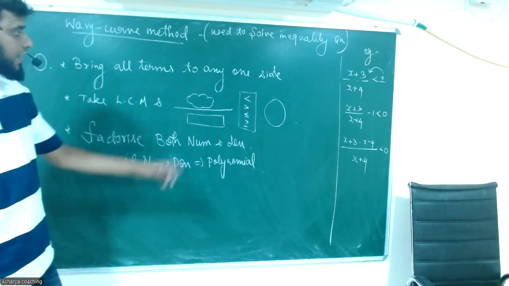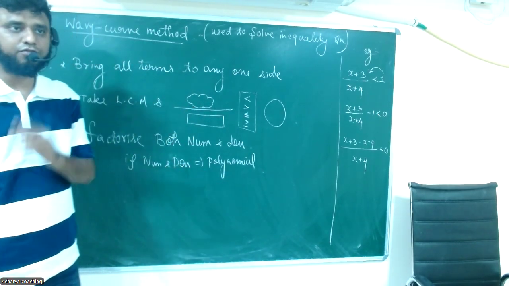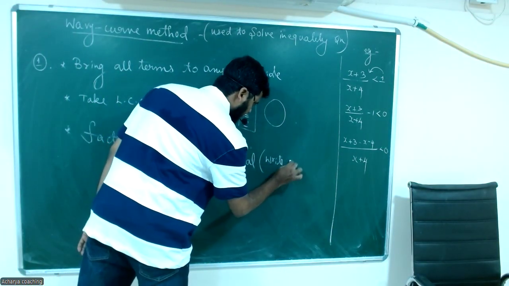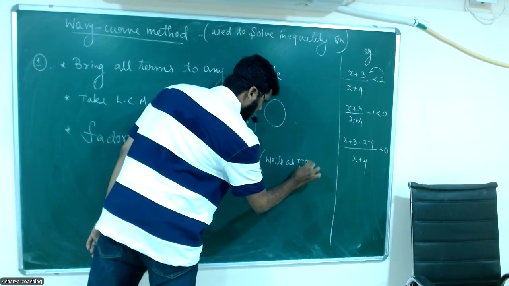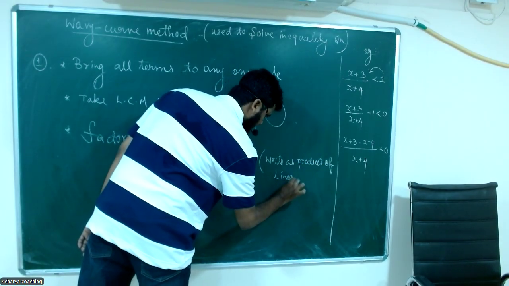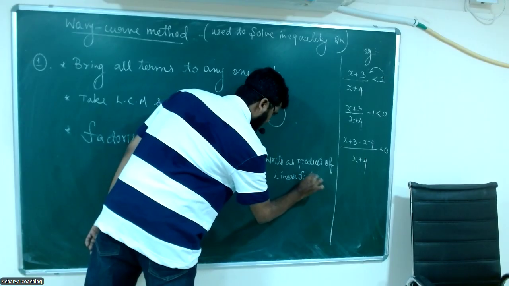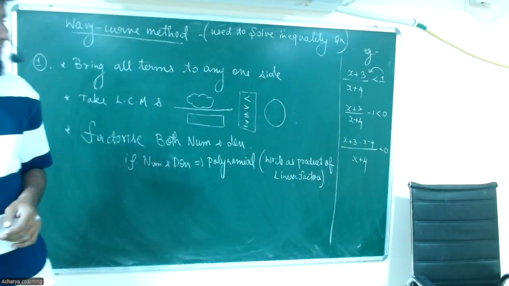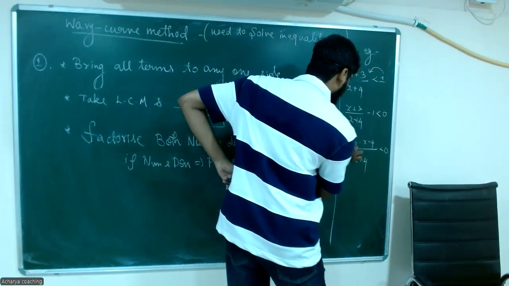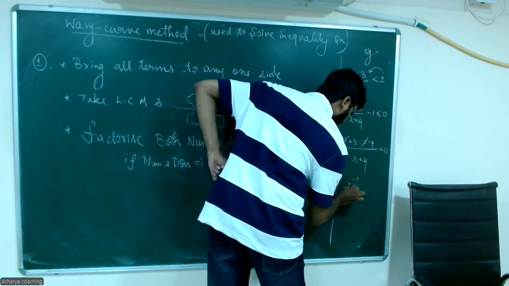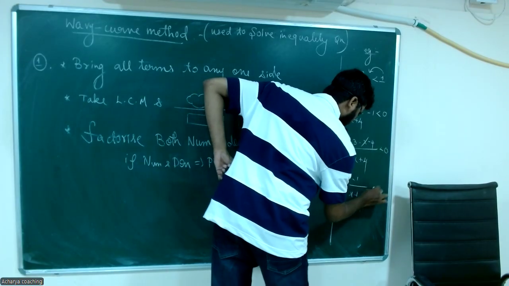Numerator and denominator we have to write as a product of linear factors. Any doubt in this? So in this case, x minus x will get cancelled. 3 minus 4, minus 1 by x plus 4 less than 0. Clear?